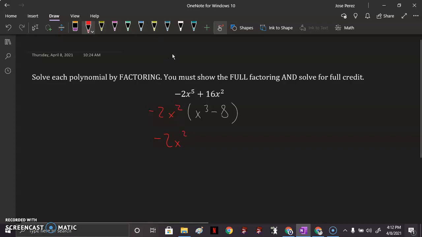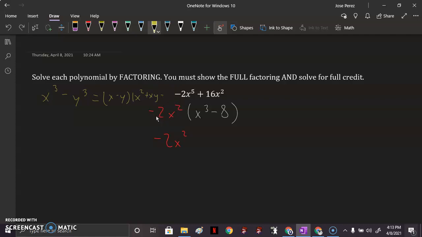According to the sum of perfect cubes, if x to the third power minus y to the third power, it's a sum of perfect cubes, well, it should equal x minus y times x squared plus x times y plus y squared. And that's the rule of the sum of perfect cubes.